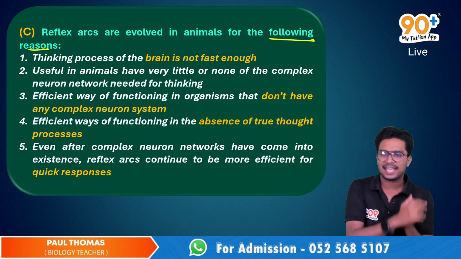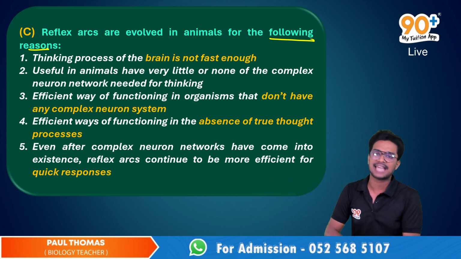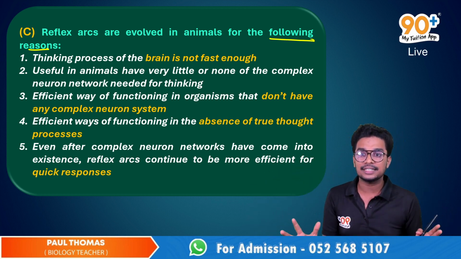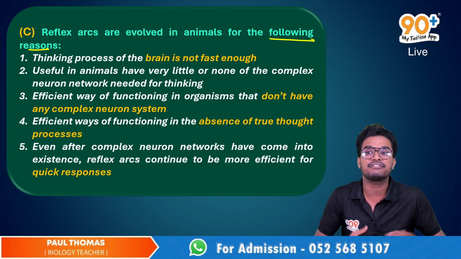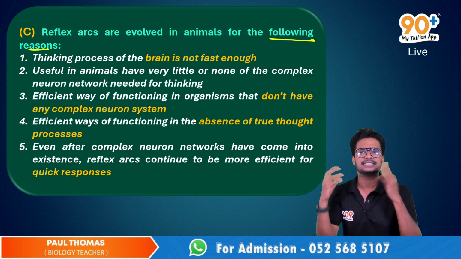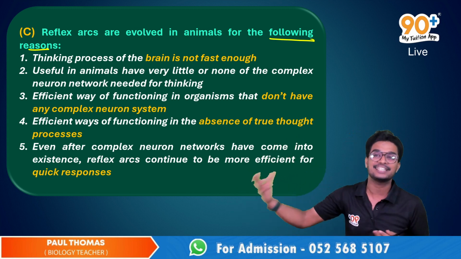The first is, even after complex neuron networks have come into existence, reflex arcs continue to be more efficient for quick responses, and the thinking process of the brain is not fast enough. That's why reflex arcs evolved in animals.